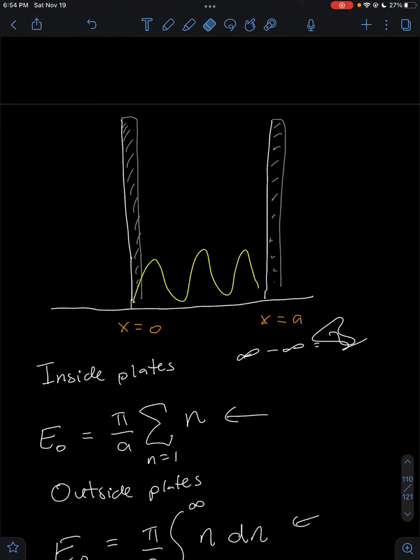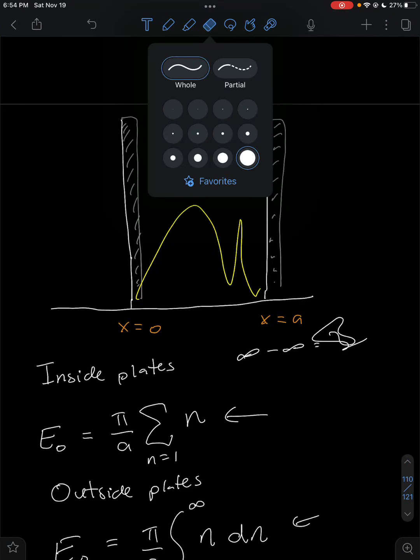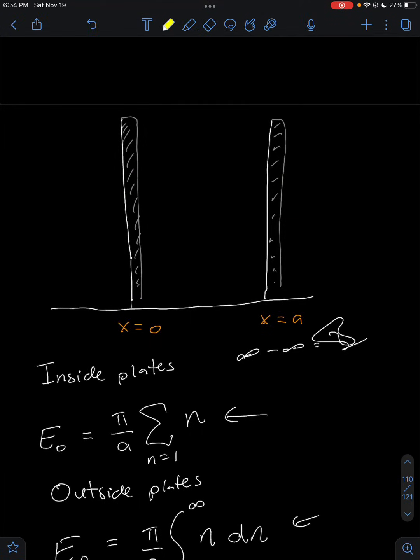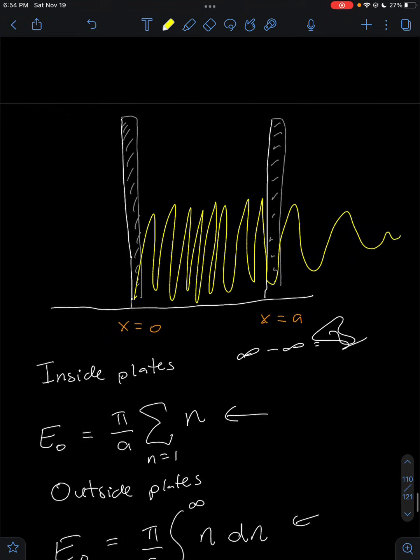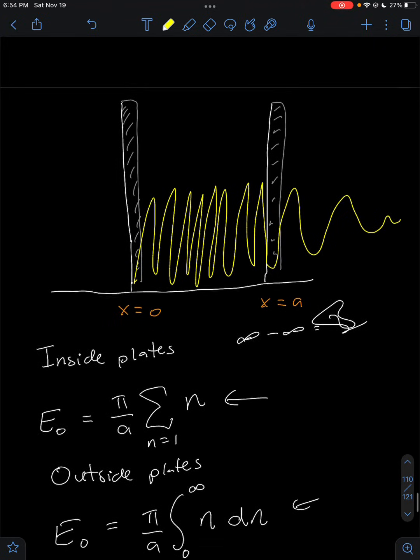The way we have it set up here, the fields go to 0 at the plates and can't pass through. But in real life, photon fields with enough energy can leak through the plates, and we aren't accounting for that leakage if we treat the metallic plates as impenetrable.